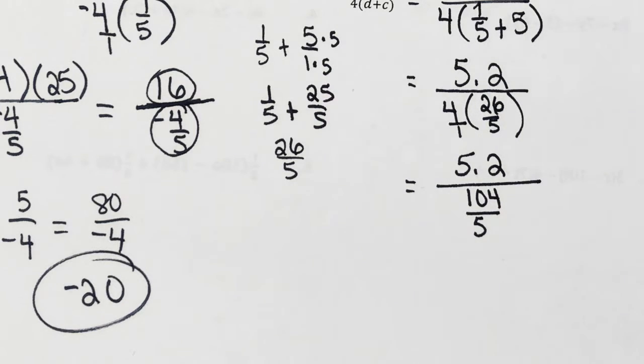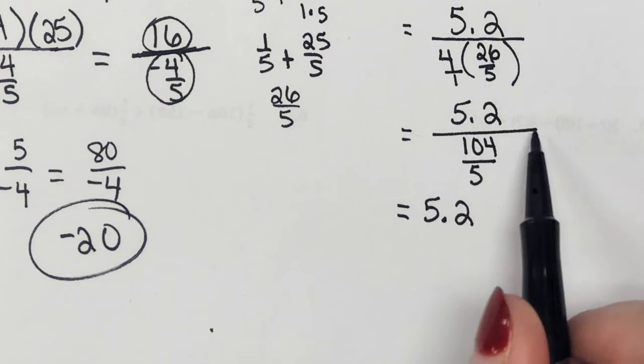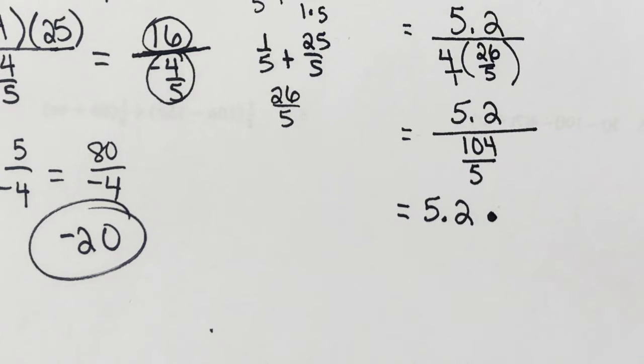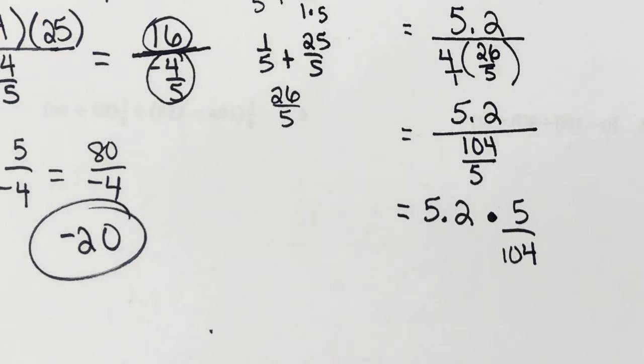All right, how many fractions do you have? 3. Technically, I guess you could have 3, but we just see 2, right? So if we have 2 fractions, we're going to keep the 5.2. We're going to change that division to multiplication. And what are we going to flip? 1.5. Very good. How in the world am I going to multiply that? You're going to put 5.2 over 1.